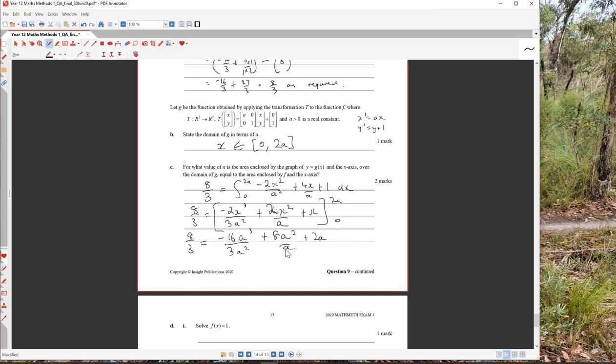All right, let's tidy up now. So we've got 8 on 3 equals negative 16a over 3 plus 8a plus 2a, which is just 10a.